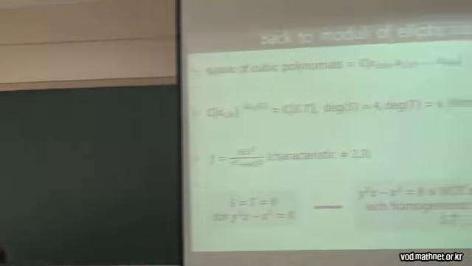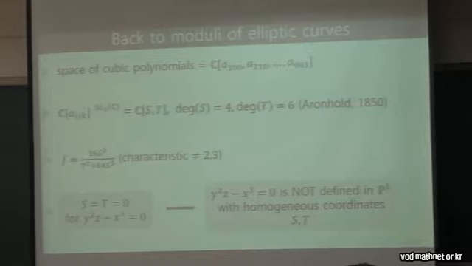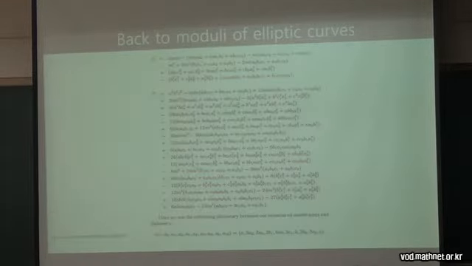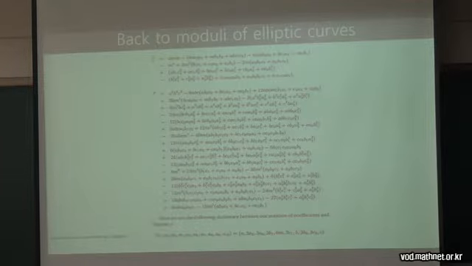As you can see, this was done in 1850, when a computer was not really available. And if you want to see, S and T are given like this. I find it amazing that someone could compute that by hand. I could not have done it.